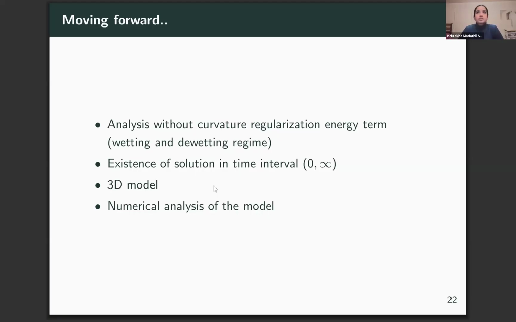The analysis can be complicated, but we would like to look at that sometime. Another thing to look at is the numerical analysis of the model, and how well it relates to the physical systems that we try to model.